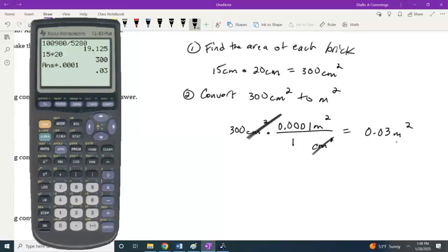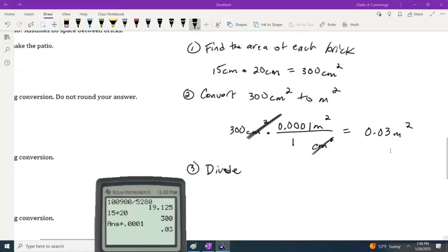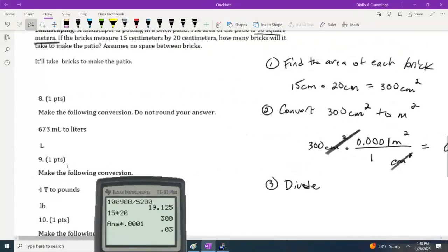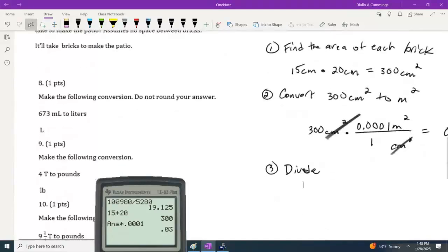So now the last thing is we want to divide, because I have to find out how many of these 0.03 meter square bricks can be divided into 60 square meters. So I'm going to divide 60 square meters, right? That is the area of our patio.